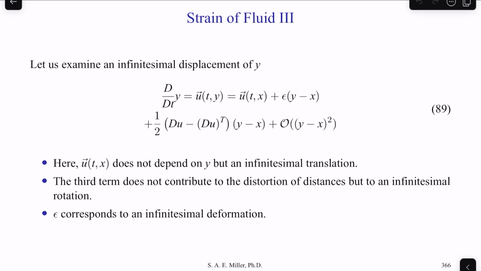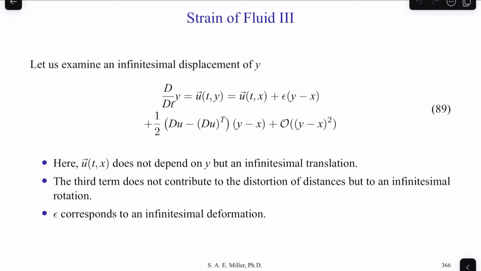For example, if we look at an infinitesimal displacement of y, the material derivative of y goes as u, which is u at t of x plus epsilon times y minus x to go from x to y, plus 1/2 of Du minus the transpose of Du times y minus x plus the higher order terms.